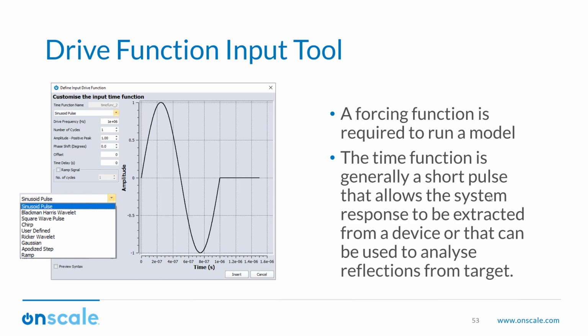Before I show you how the code looks and the different kinds of drive functions we provide, let's come back to something very simple: what is a forcing function and why is it required? As I told you, OnScale is a time domain code.